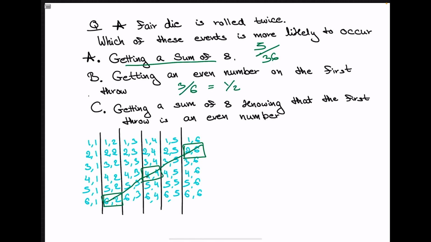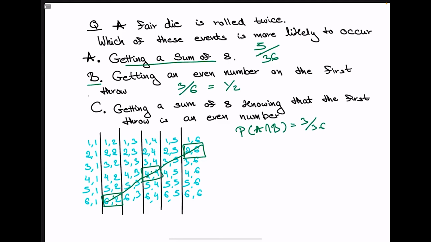So this right here is their intersection, because you have both an even number and the sum of 8. So the probability of A, let's say A is a sum of 8, intersection B is 1, 2, 3, divided by 36, the total number.